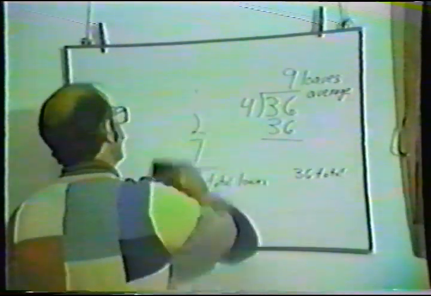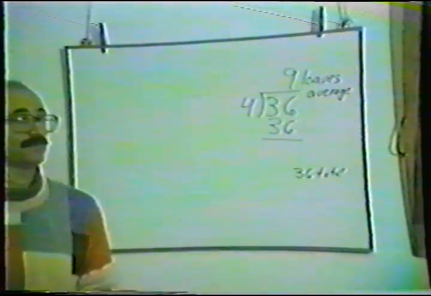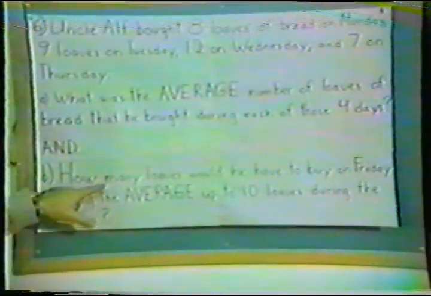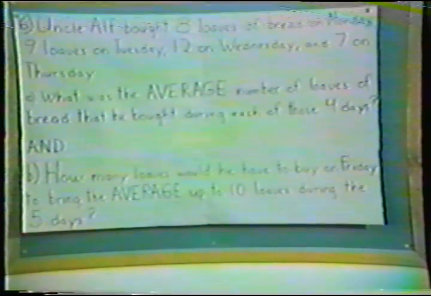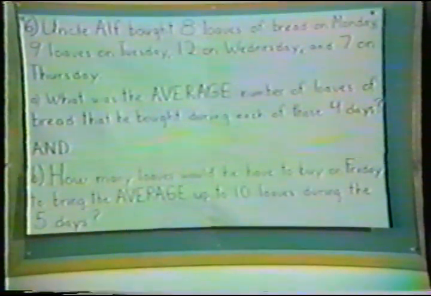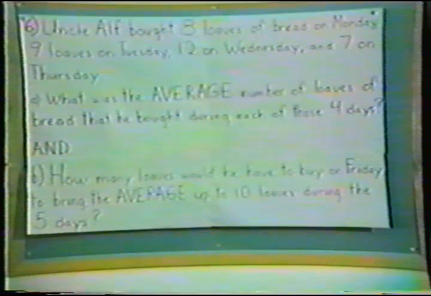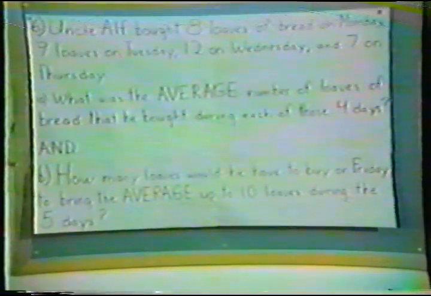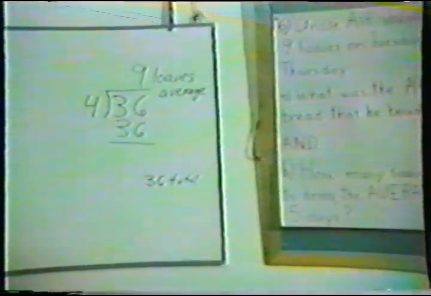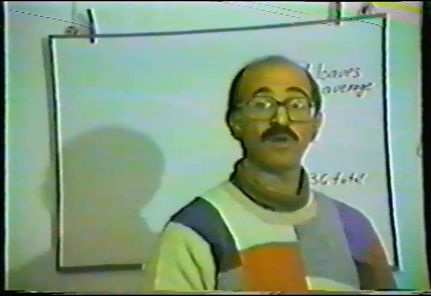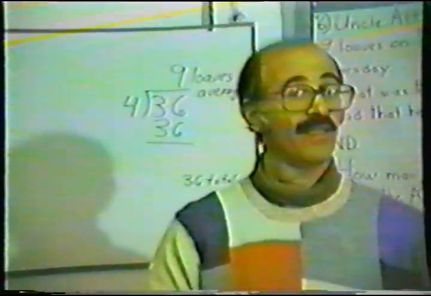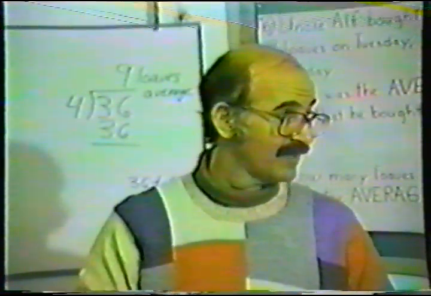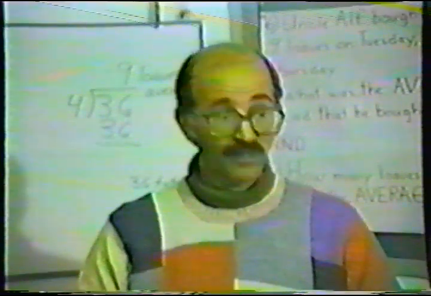Because this problem has a second part. And part B, how many loaves would he have to buy on Friday to bring the average up to 10 loaves during the 5 days? Well, let's think about that. If the average was 10 for 5 days, that means that it all evened out so that each of those 5 days was 10 loaves.